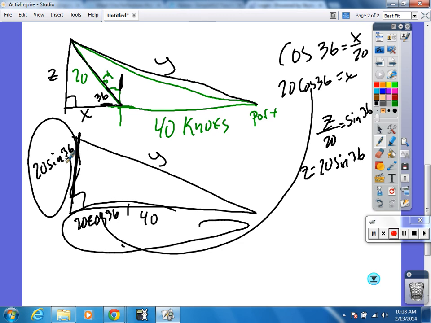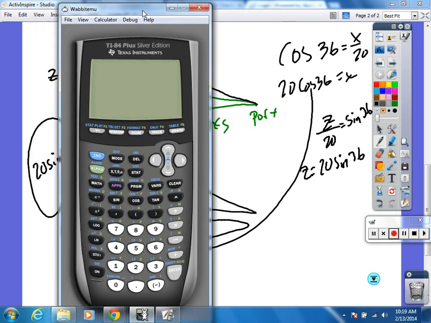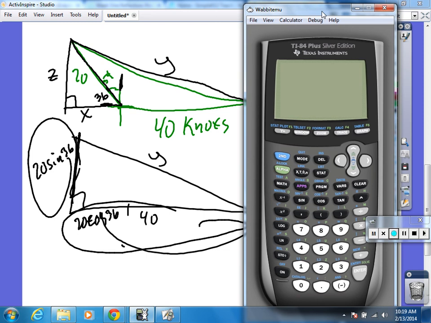Take the square root. So everybody, I'm going to go to my calculator here. What mode do I need to be in? Degree. So everybody make sure you're in degree mode, because I know I'm not. Okay? So what I'm going to do is, once again, put it in parentheses. I should have done that first. 20 sine of 36 squared, right?